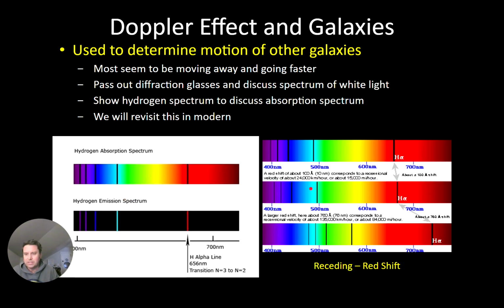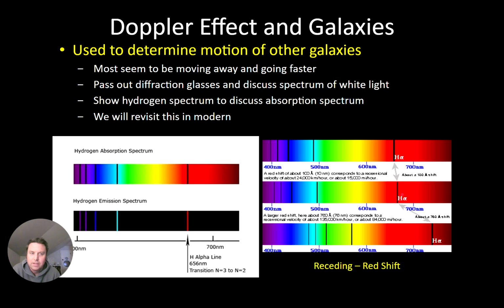That's getting into modern physics, which we'll hopefully get to towards the end. But if the object is moving, if the hydrogen cloud, the thing that's producing that, is moving, what we see is a shift where that red line should be. It's missing that line.